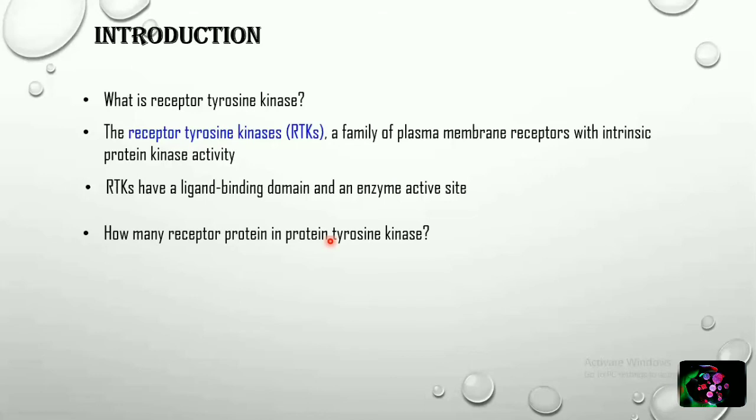There are about 90 protein tyrosine kinases. Out of that, 58 are receptors and 32 are non-receptors. The 58 are distributed into 20 subfamilies and the 32 non-receptors are distributed in 10 subfamilies.